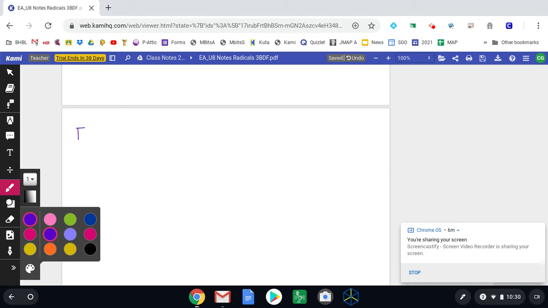All right, so for example, let's say I have the square root of 12. Now 12 is not a perfect square. So the first thing we want to do is we want to find the largest perfect square factor.